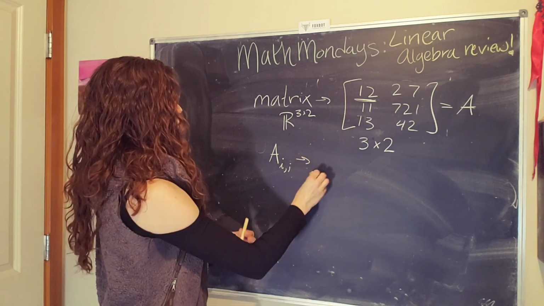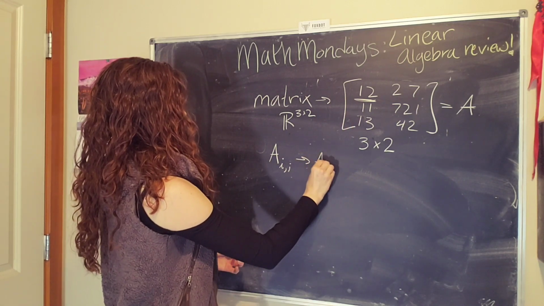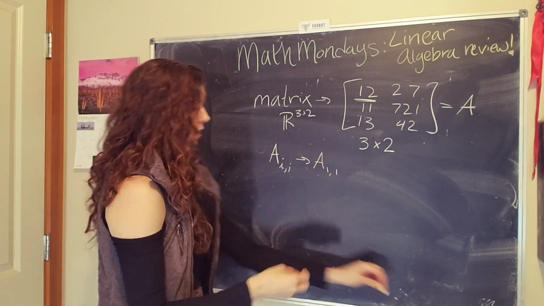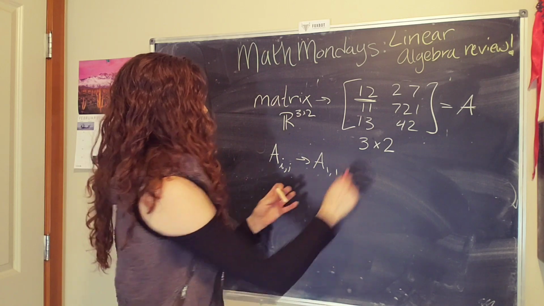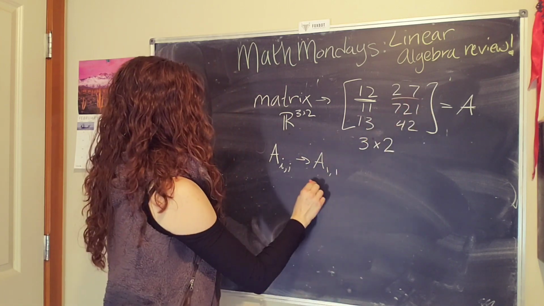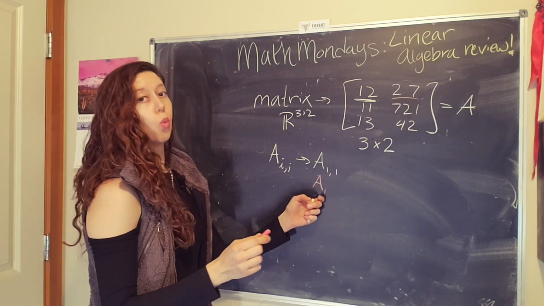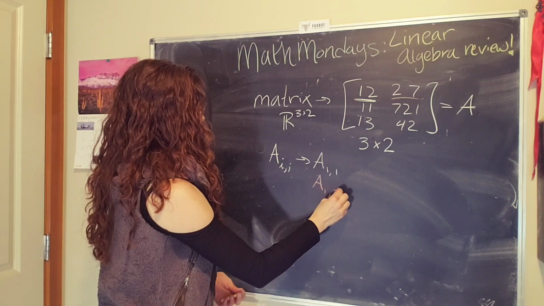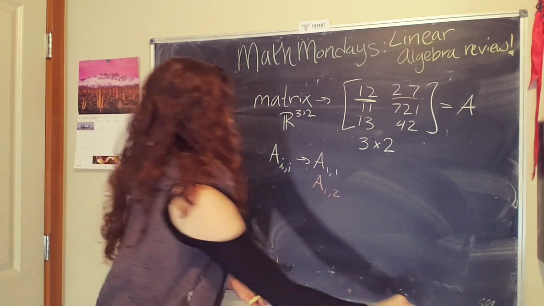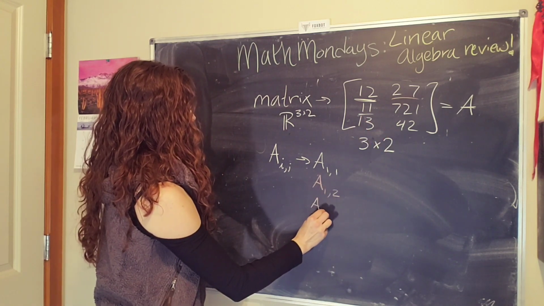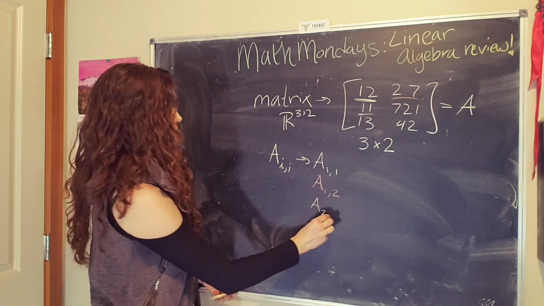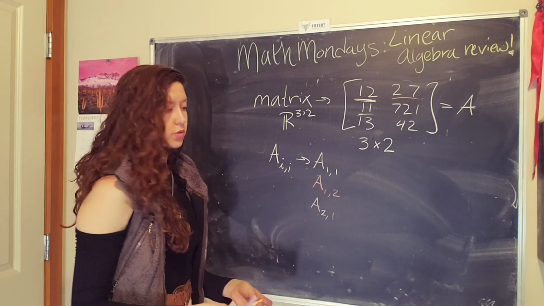So in this case, 12 would be 1 comma 1. And if we were to talk about 27, it would be row 1, column 2. If we were to talk about this one, it would be row 2, column 1, and so on.